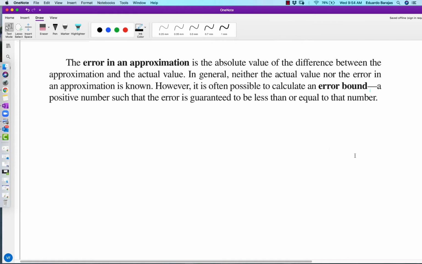The error in an approximation is the absolute value of the difference between the approximation and the actual value. In general, neither the actual value nor the error in approximation is known. However, it is often possible to calculate an error bound. That is a positive number such that the error is guaranteed to be less than or equal to that number.